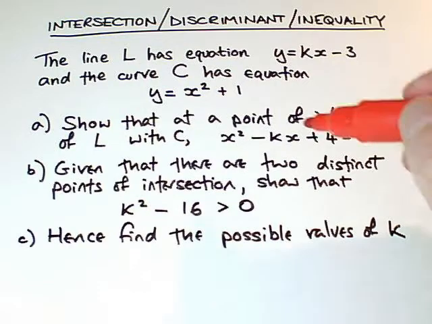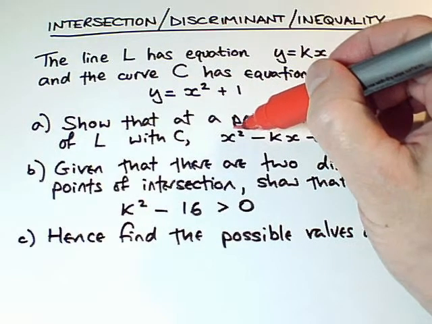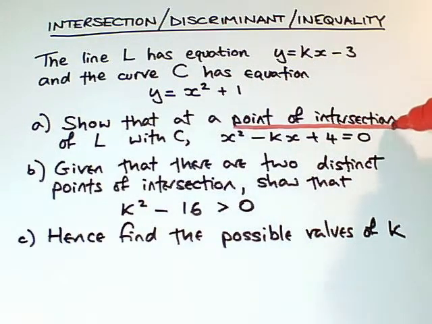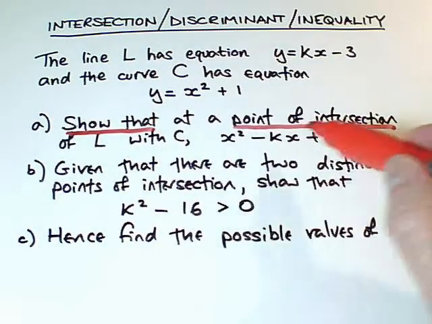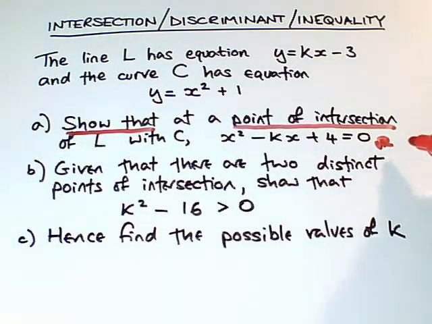This talks about points of intersection, so that means our starting point is going to be the equations of the graph. Point of intersection means we're going to do simultaneous equations with these two. The words show that mean that this is going to be our end point. So we're going to want to end up with that, but our starting point is going to be the 2 equations.